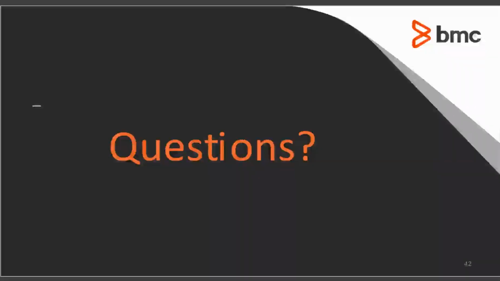Okay, Jay, yes, we do have questions coming in. The first one: does MainView have the capability to differentiate whether the transactions are coming from mobile browsers or native mobile applications, or from regular desktop transactions?